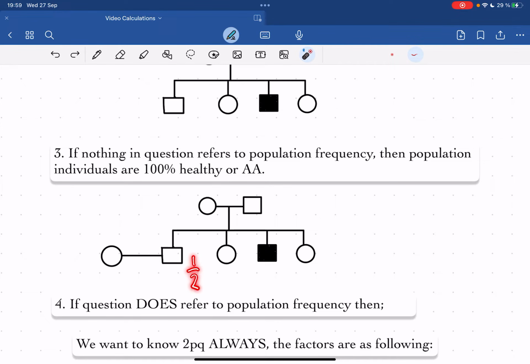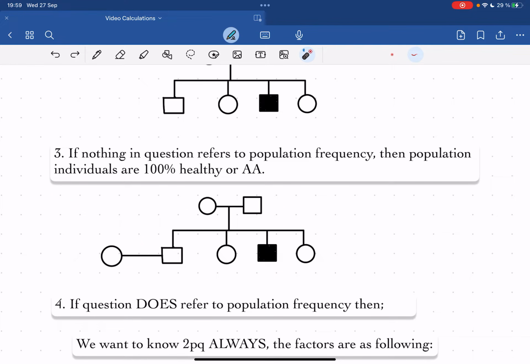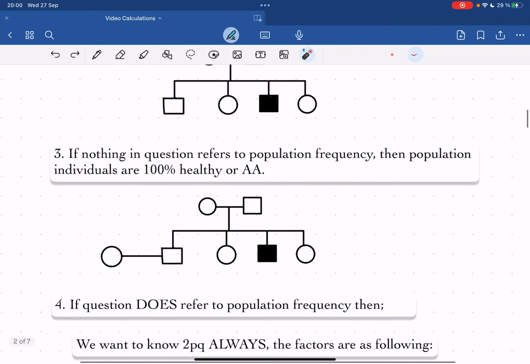So the parent's probability is 1/2 times the other parent's probability, etc. But if this parent is from the population, like this parent doesn't have a tree, then we have to make sure that there's nothing in the question that refers to population frequency. If there's nothing in the question, then we can just assume that this person is 100% healthy, has this phenotype: dominant, homozygous, healthy. All right?